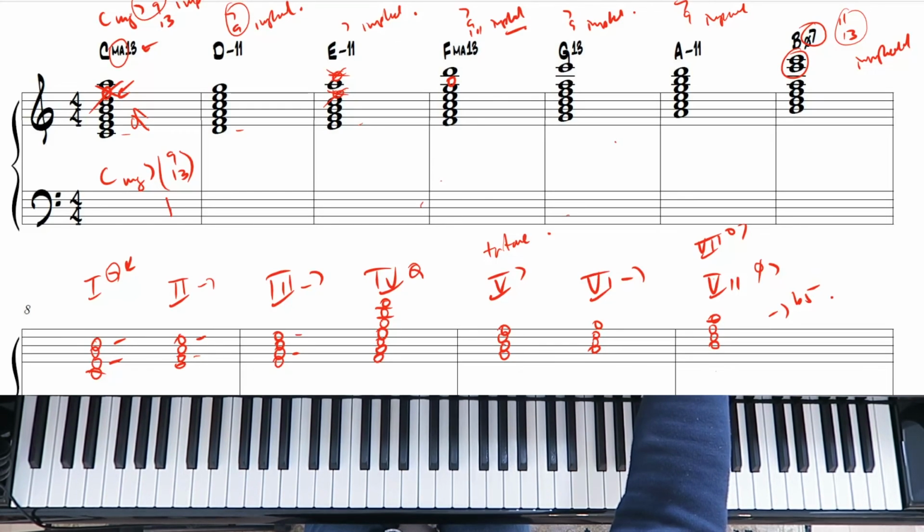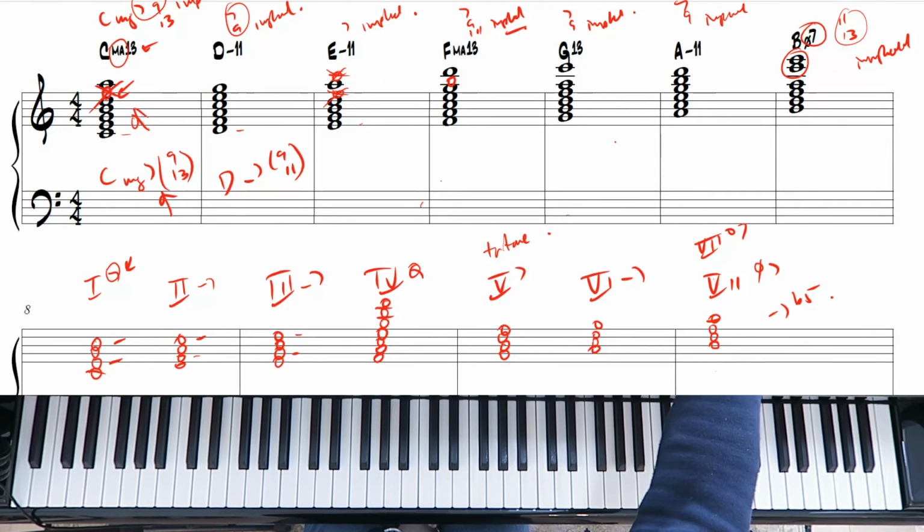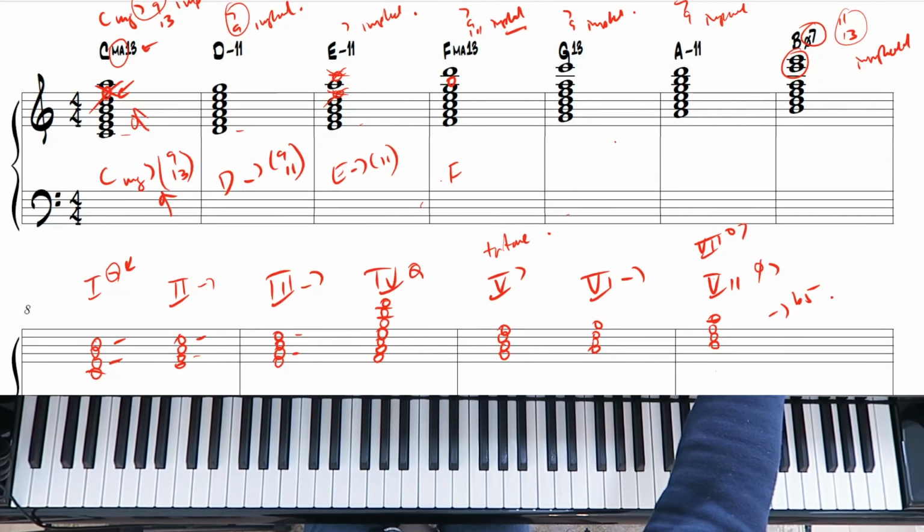Now, it's not wrong to write it like this, just like it's not wrong to write this as a D minor 7th with a 9th and 11th. It's not wrong to write this as an E minor 7 with an 11th. It's not wrong to write an F major 7 with a 9, sharp 11, and 13.